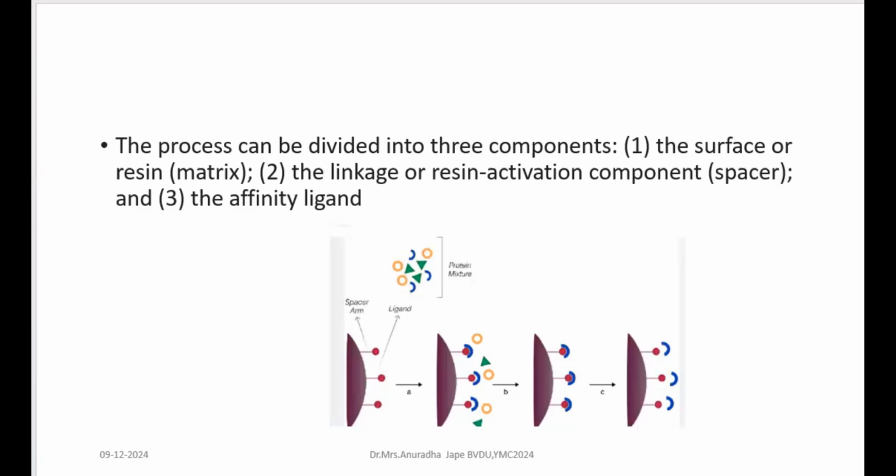So you are going to have such spacer arms, with examples like aminohexanoic acid or diamino dipropylamine, right? Or I can say 1,4-bis epoxypropoxy butane.